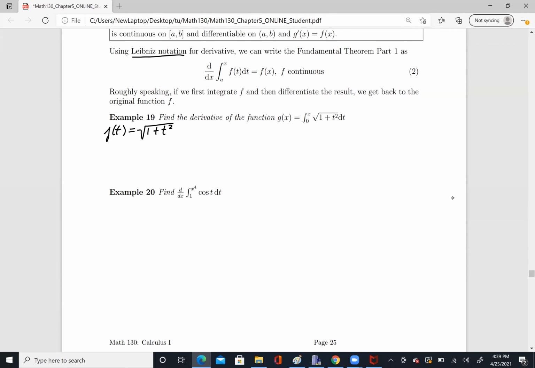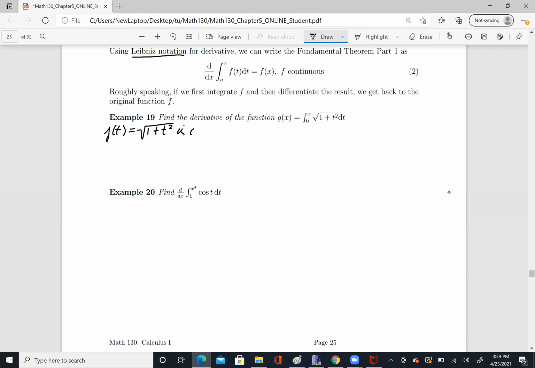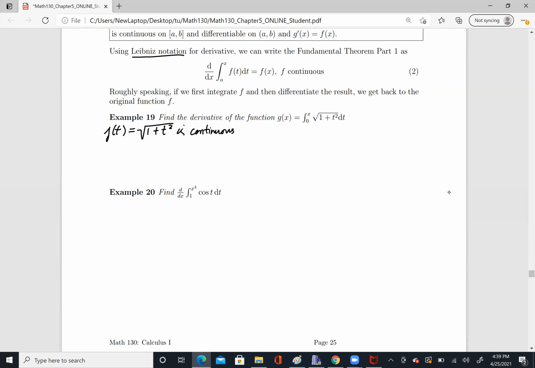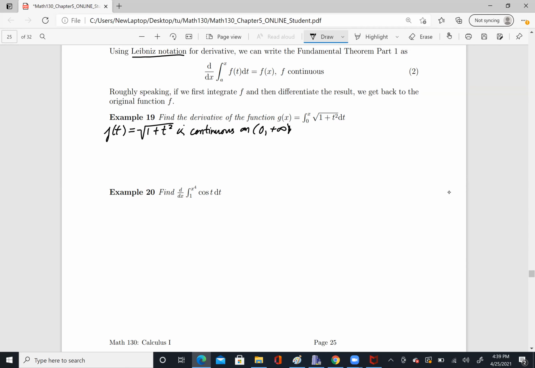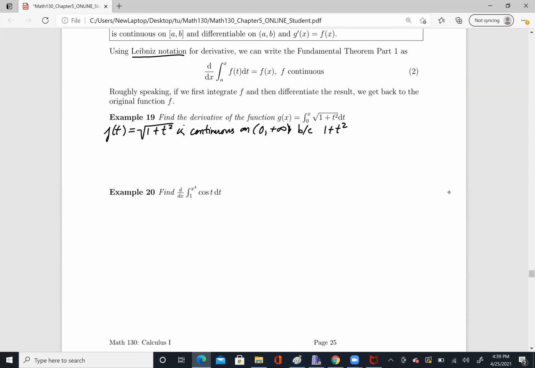This function is continuous on 0 to positive infinity, because 1 plus t squared is always greater than or equal to 0. You know that it's even greater than or equal to 1.